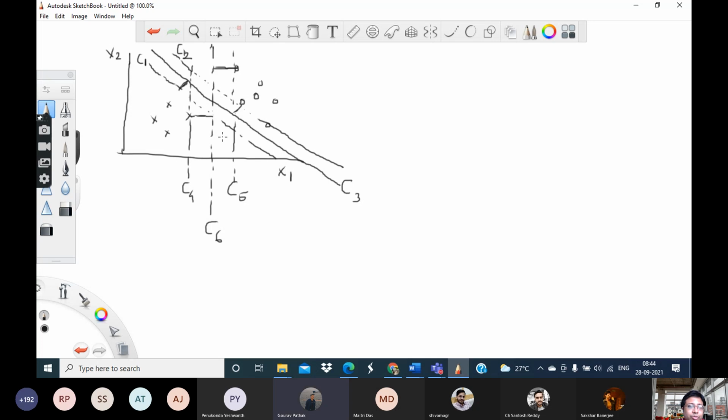No, sir. Seems like C6 has greater margins. C6 has a greater margin. So does it mean that you will prefer C6 over C3? Yes, sir. Right. As we have discussed earlier, having a good margin is generally better for classification.